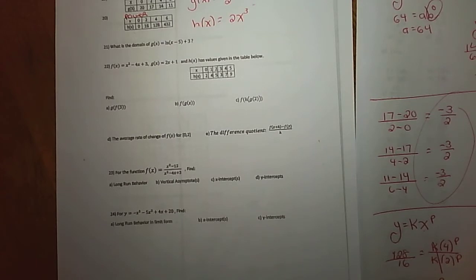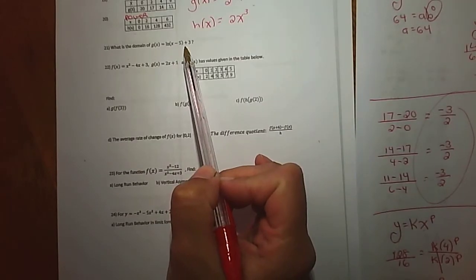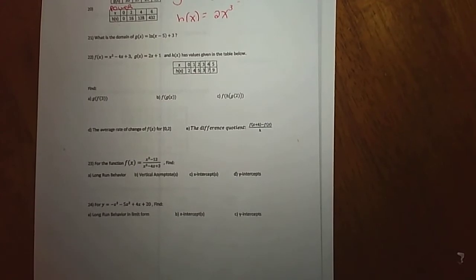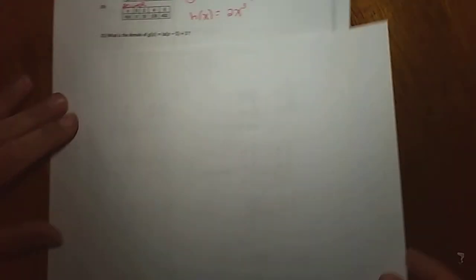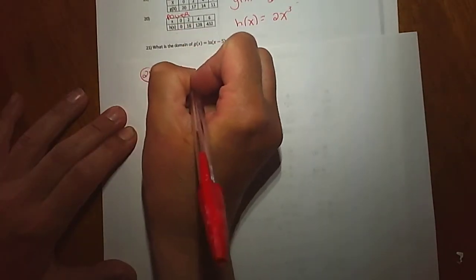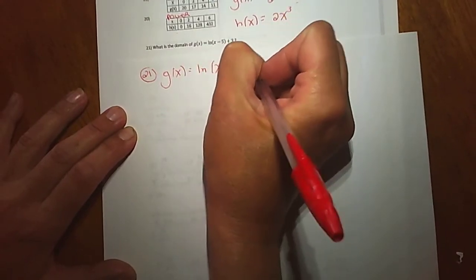All right, for number 21, what is the domain of this guy? The natural log of x minus 5 plus 3. So the easiest way to do this one is to think about what a log graph looks like. So for number 21, we have g of x is equal to the natural log of x minus 5 plus 3.